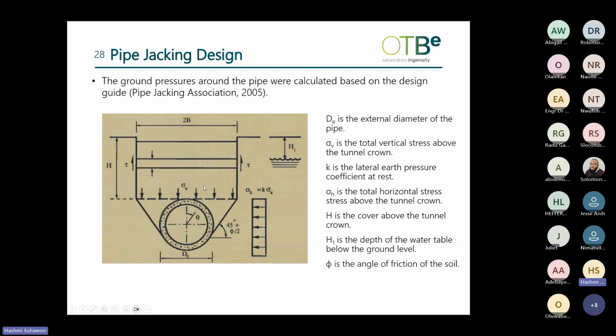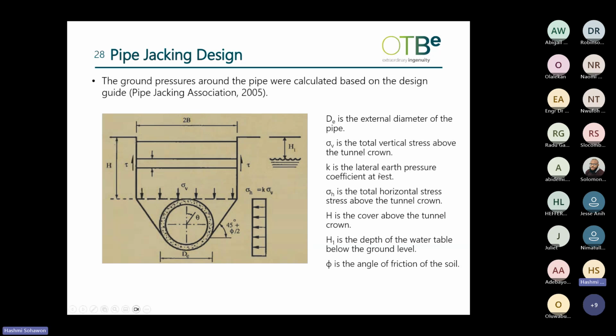I'm not going to delve further into the equations to calculate the vertical and horizontal stresses for each drive, but I'm going to give a brief overview of the variables being described in this picture. So we have DE, which is the external diameter of the pipe. We have sigma V, which is the total vertical stress. Of course, if we are dealing with a high water table, we will need to then compute the effective vertical stress by subtracting the water pressure at that level.